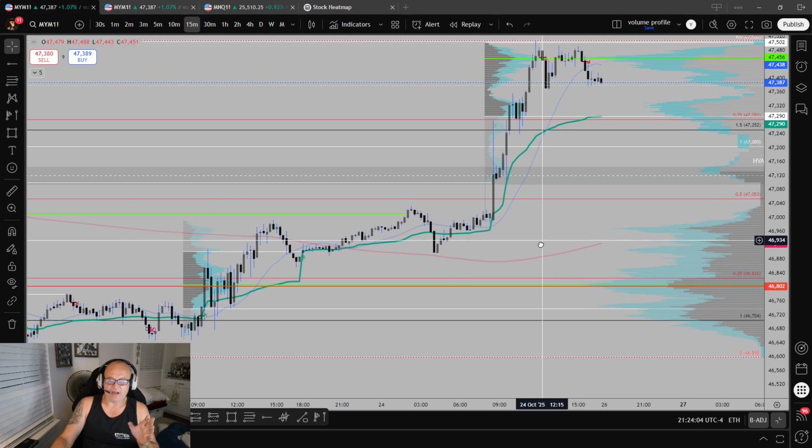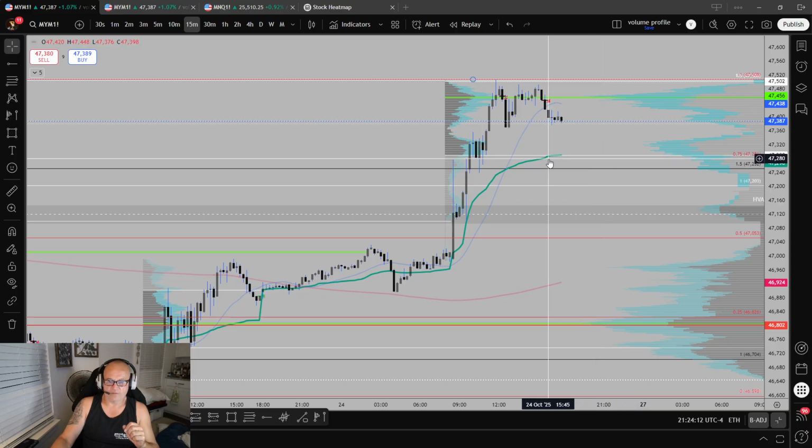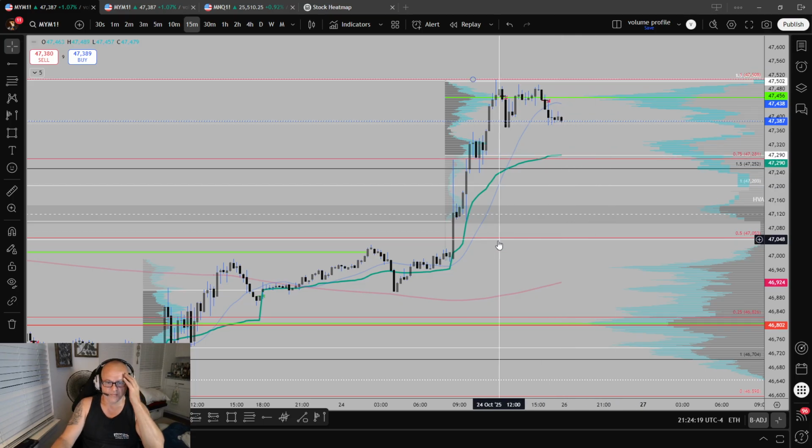If we do pull back, again, I'm looking for this area to hold, and I'm looking for possibly VWAP and the 75% level to hold before going up. We do have a gap at the 50% level, okay?